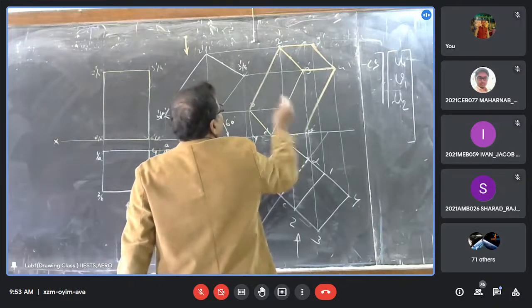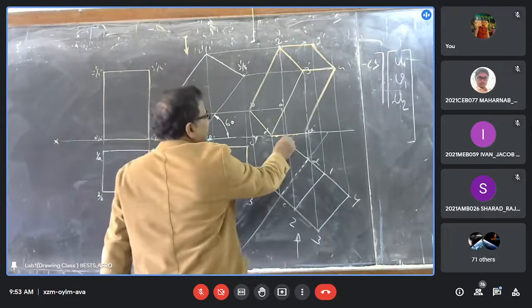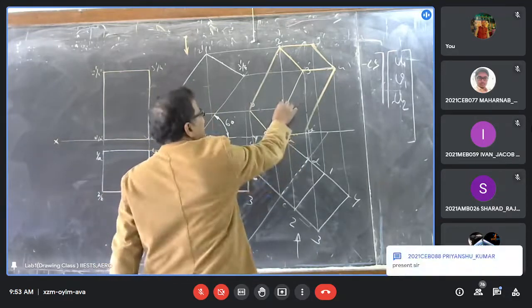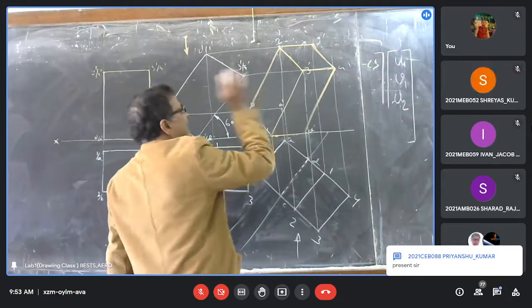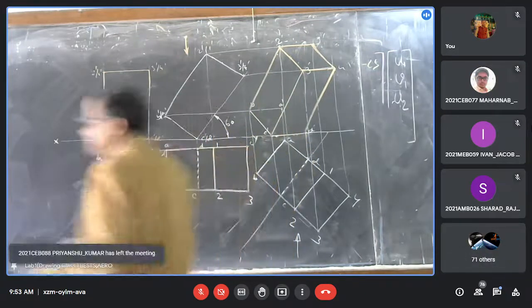Now you cannot see the point A dash, so connecting all the points with A dash will be dotted.